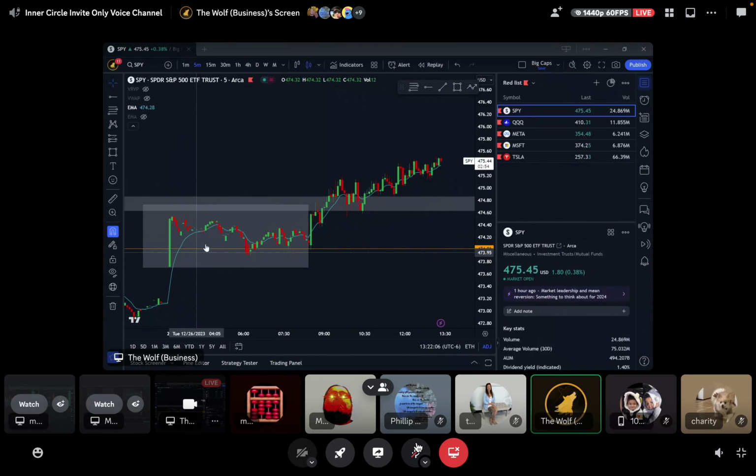Because a great way to actually catch 100% plus plays is by using supply and demand zones, right? So say right here we can see, right, this is a zone, right? We can see this is a zone because it's getting those reaches. This is a zone, right?